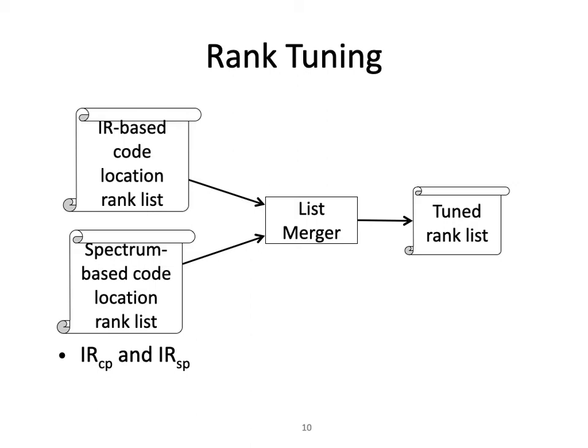In this formula, score(d,q) represents the score produced by an IR-based bug localization technique, while susp(d) is the score computed by the spectrum-based bug localization techniques. And we defined a parameter alpha to control the weights of these two scores when creating an adjusted score called score'(d,q).